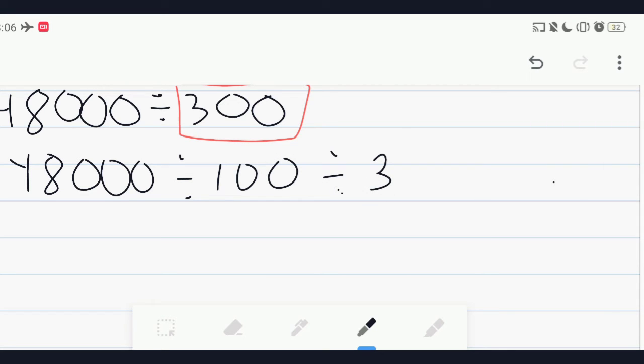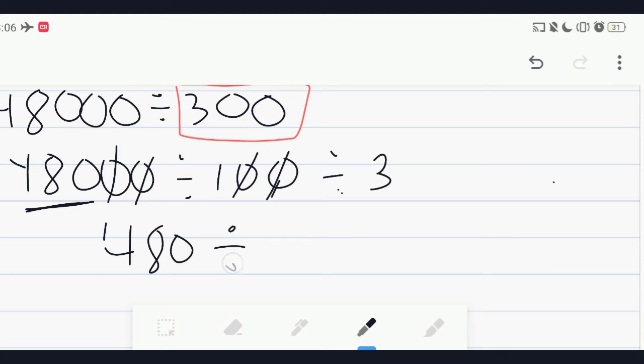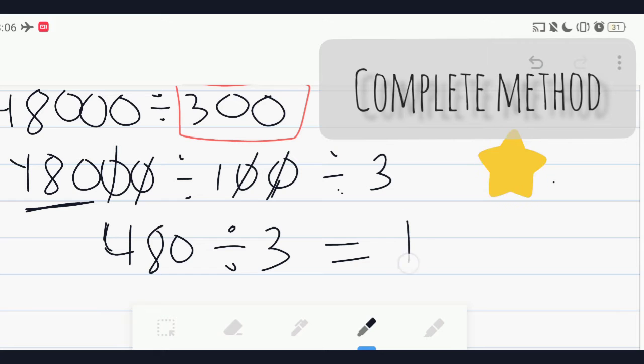After this, you can cross the zeros. Because this one has two zeros, 100, so you can cross two zeros. So you have 480, and then this is divided by 3. So the answer is 160.